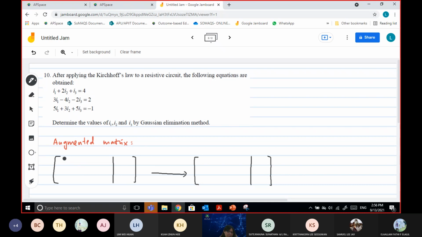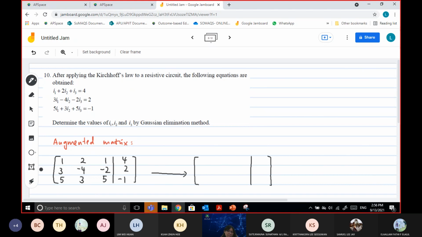Okay, I'm not sure whether... Yes, miss. What is the augmented matrix? Can you give me the values on the first row? 1, 2, 1, 4. Then the second row? 3, -4, -2, 2. Correct. Then? 5, 3, 5, -1. Okay, thank you. Now let's proceed.